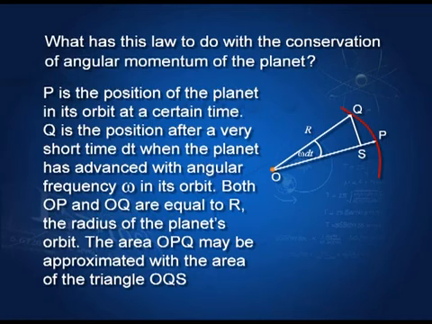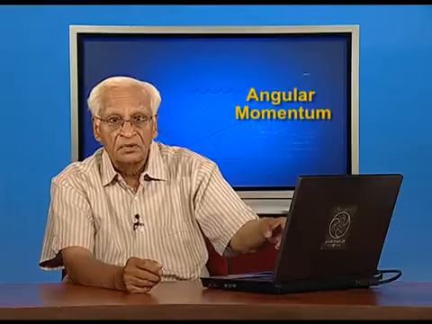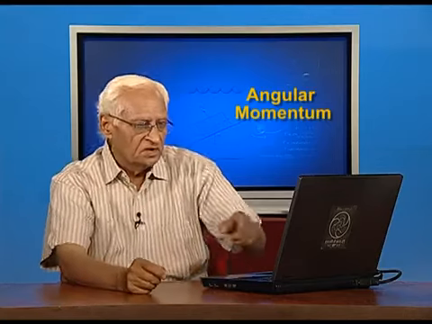Therefore OP is equal to OQ, and both are equal to the radius of the orbit. The area of this can be equated with the area of this triangle. Remember that we have taken the positions at a very short time interval from each other.